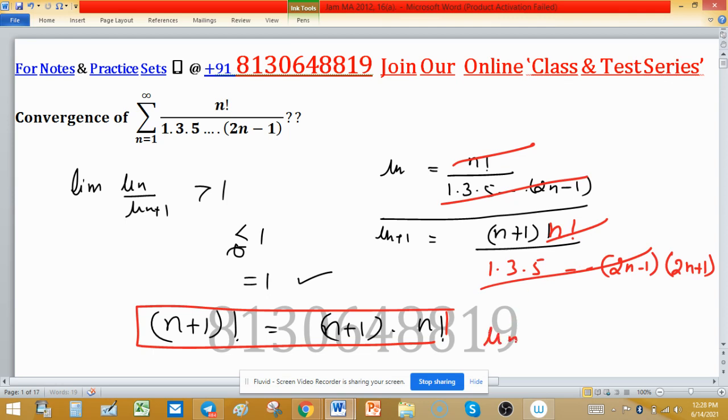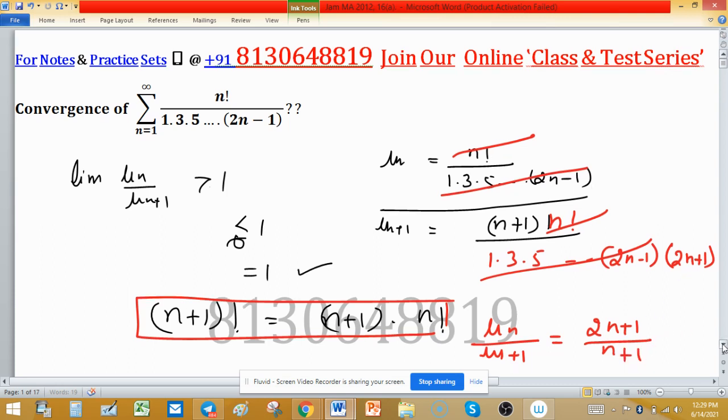So un upon un plus 1 is equal to 2n plus 1 divided by n plus 1.